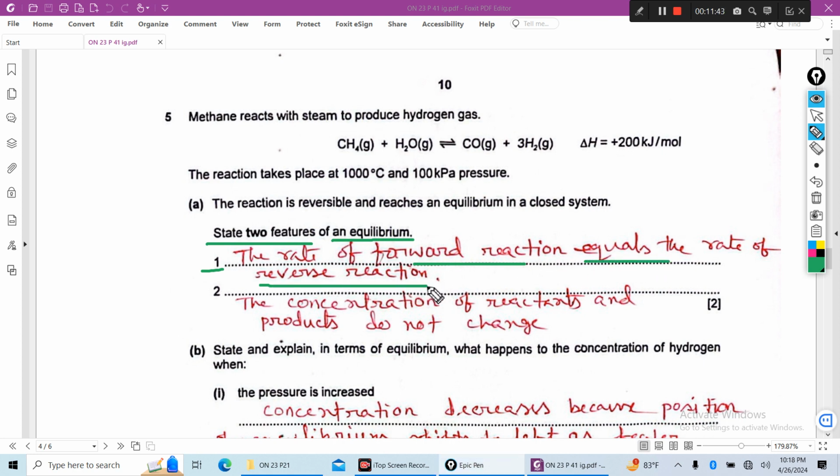Means the rate of forward reaction and the rate of backward reaction are equal. Number 2, the concentrations of reactants and products do not change, or the concentrations of reactants and products remain constant. Okay, but you don't write that the concentrations remain same, you write remain constant.